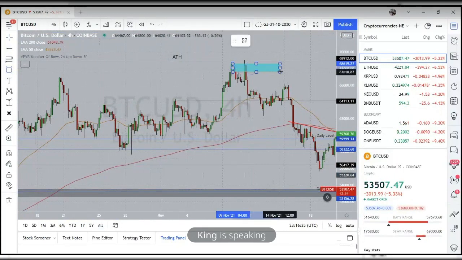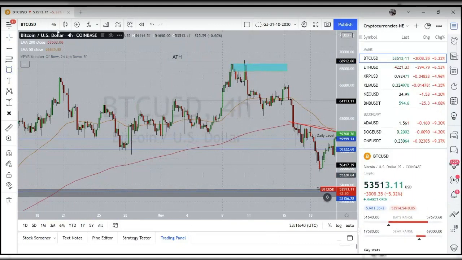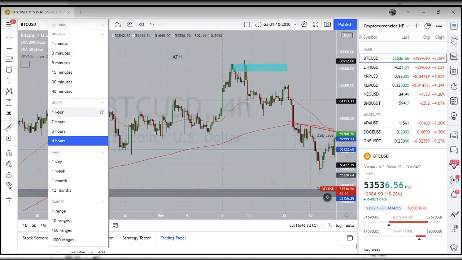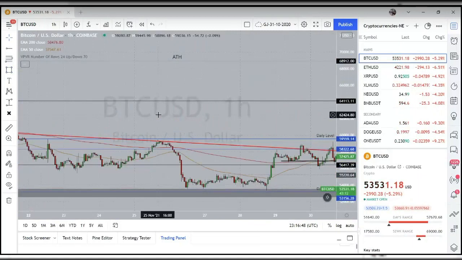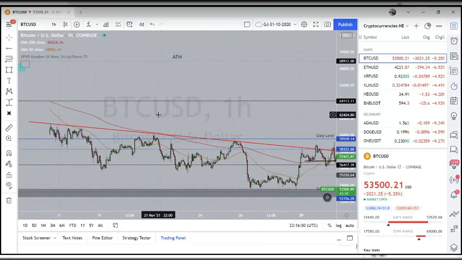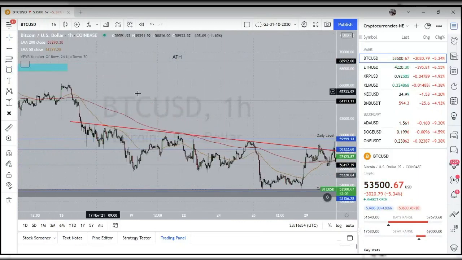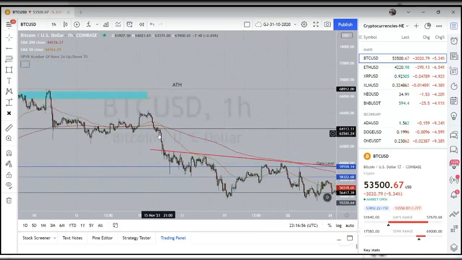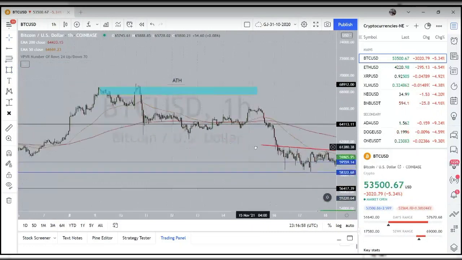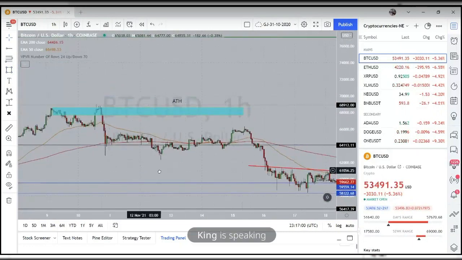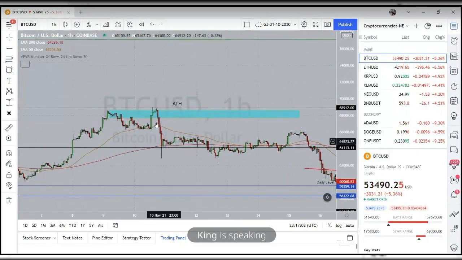Why am I even in this chart? Sorry. Okay. Could possibly say that's an order block.